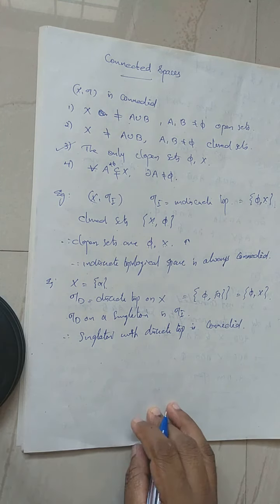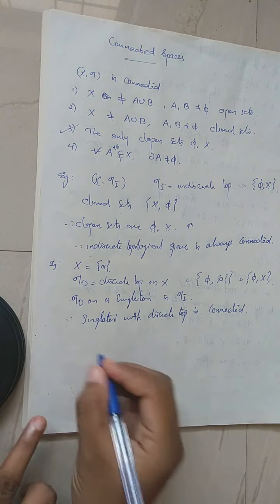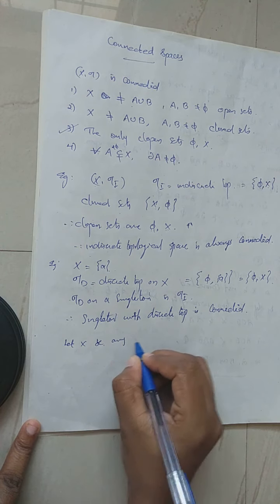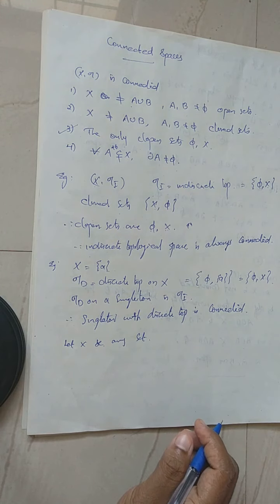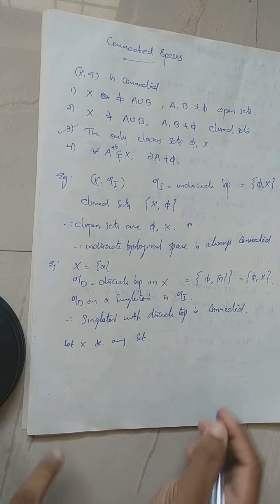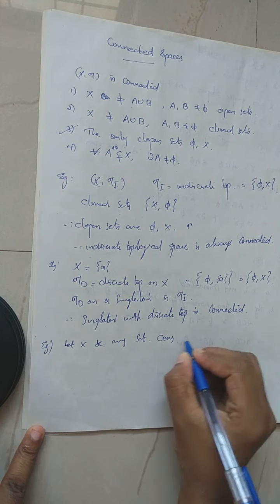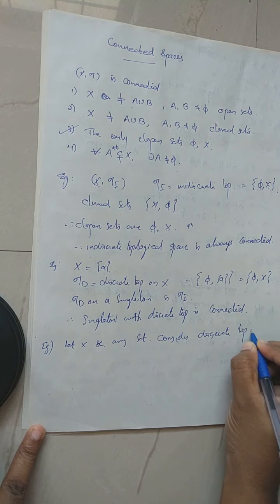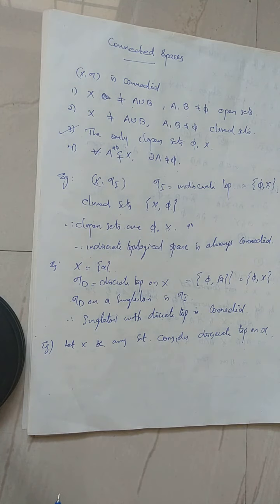So what about the case of a set having more than one element with the discrete topology? Let X be any set with cardinality greater than 1, and consider the discrete topology on X. Can you say that it is connected?